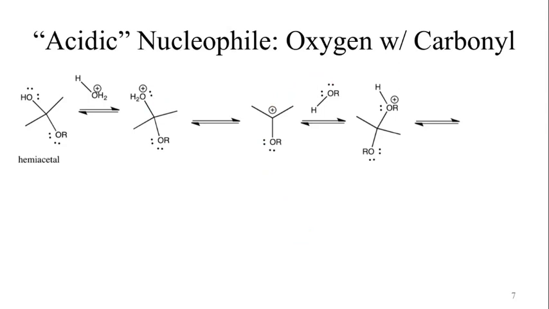We're going to want to deprotonate, so we'll take the hydrogen away from our oxygen, and put those electrons onto the oxygen. And we now end up with our acetal. Again, notice we've got our carbon with two oxygens bound to it, and those oxygens are then further bound out to R groups. Those R groups would be carbons. So that's our beginning to end.